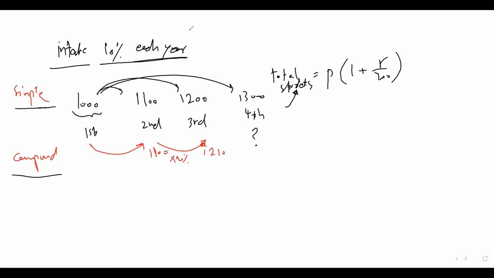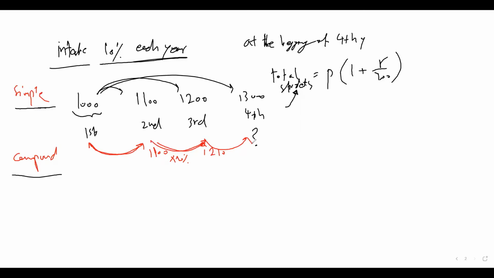I repeat, they say at the beginning of fourth year, so it means after 3 years, right? So this is 1, 2, 3. All right, so I hope it's clear.